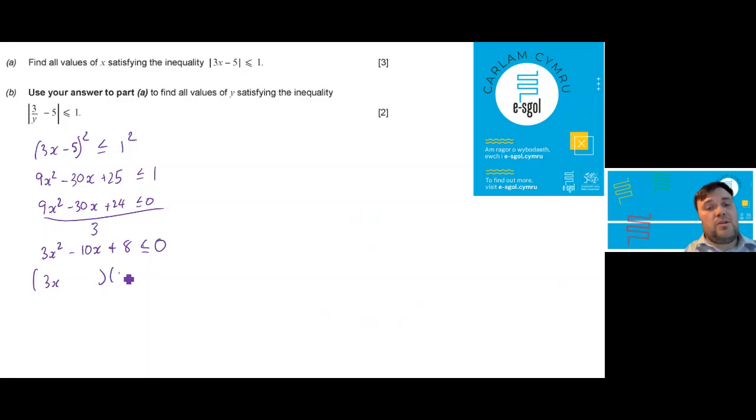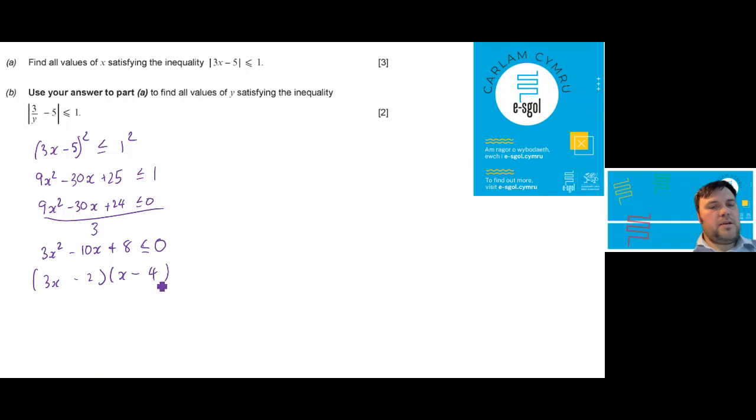And it's got to be 3x, is the only thing, because 3 is a prime number. 8 would be 4 and 2, because I want 12 and 2. So if I put 4 there, that's going to be a minus. No, that won't work, yes it will, minus there as well. That gives me my plus 8.